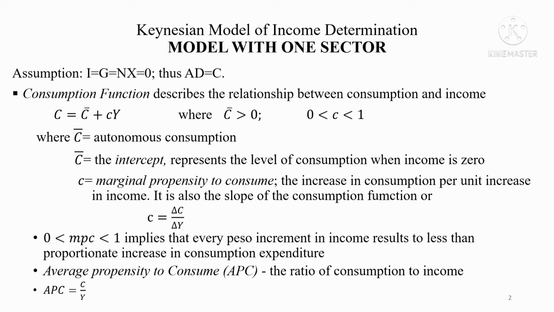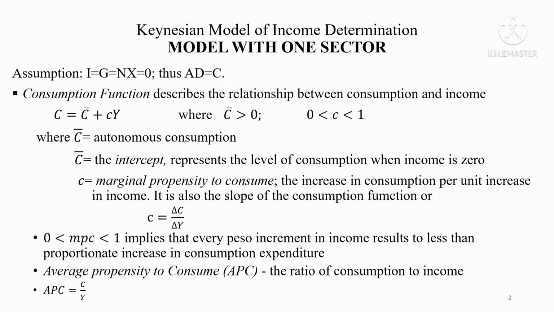Mathematically, MPC, or marginal propensity to consume, is equal to the change in C, the change in total consumption, divided by the change in Y, or income. Since small c, or MPC, is between 0 and 1, this implies that every peso increment in income results in a less than proportionate increase in consumption expenditure.